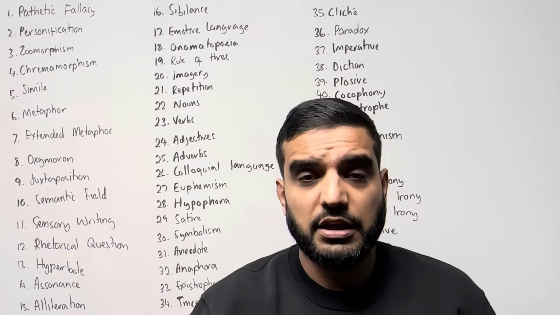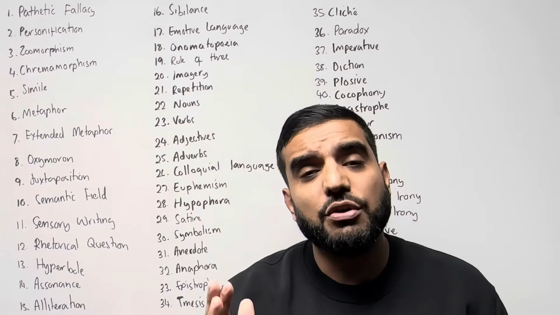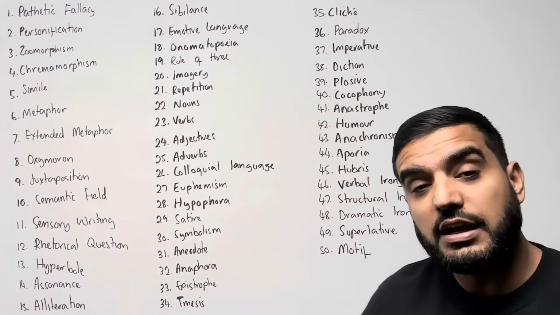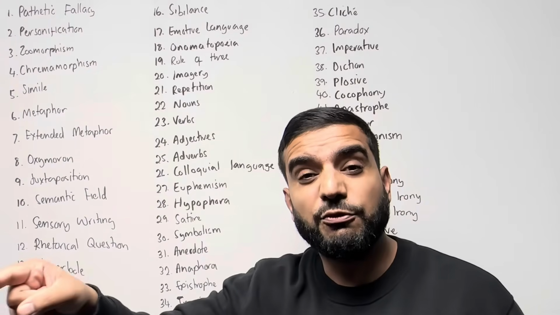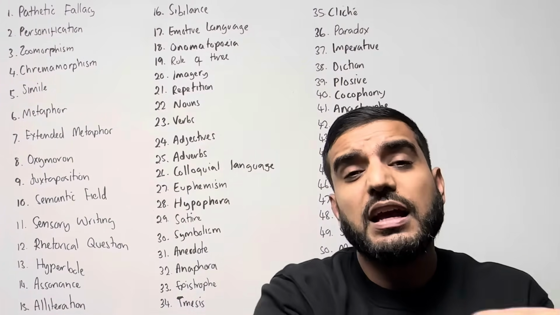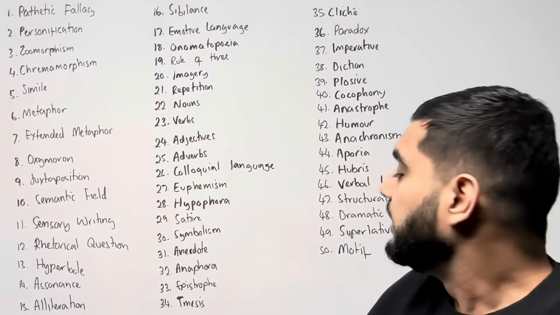That's it. And then you have the opposite, an epistrophe. An epistrophe, guys, all it is is the reverse. So anaphora is when you repeat the same word at the beginning of a sentence. Epistrophe is when you repeat the word at the end of a sentence.